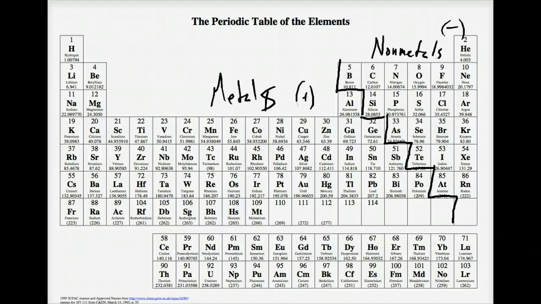Okay, let's just talk about that. When you're a metal and you form a metal ion, which is a positive ion or cation, what happens to the size? Let's do lithium here. My little lithium has 3 protons and 3 electrons.